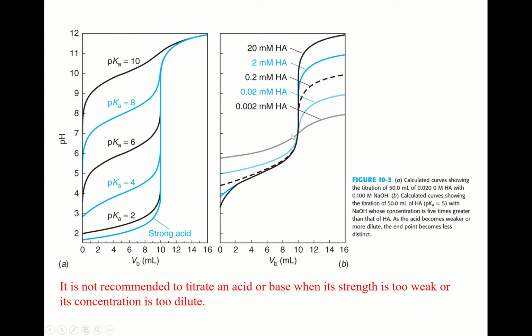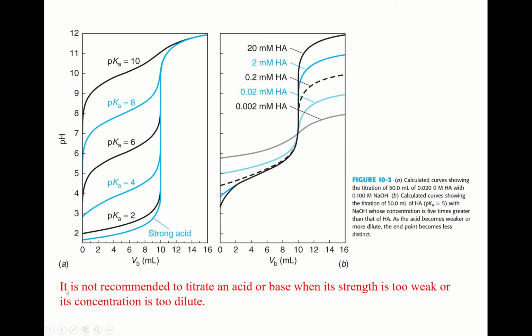It is not easy to identify the equivalence point. So also we can conclude that although the pKa and Ka of the weak acid have a reasonable value, too low a concentration makes titration very difficult.